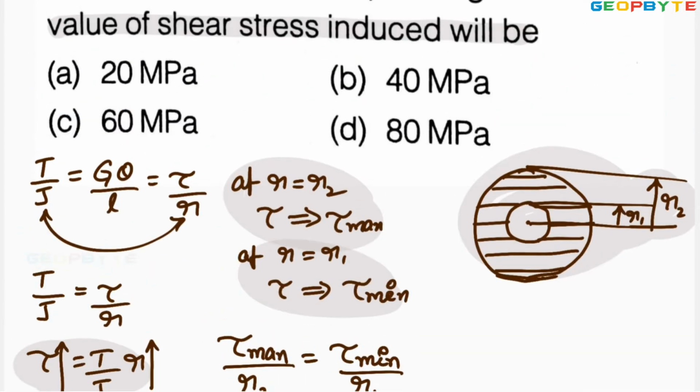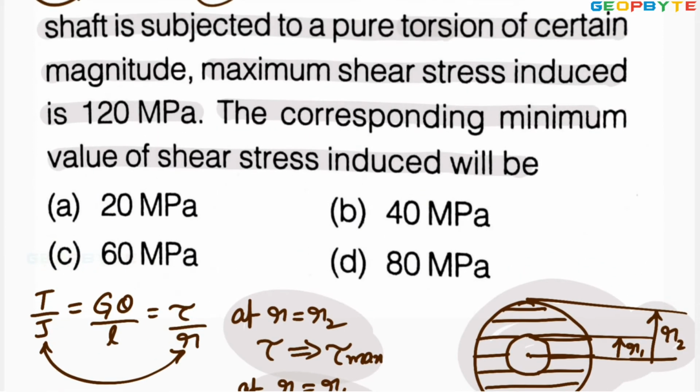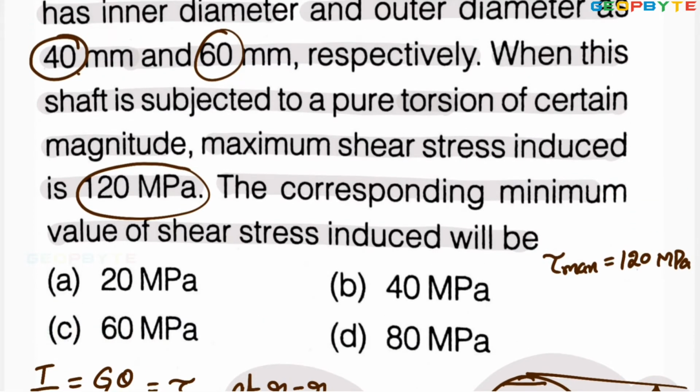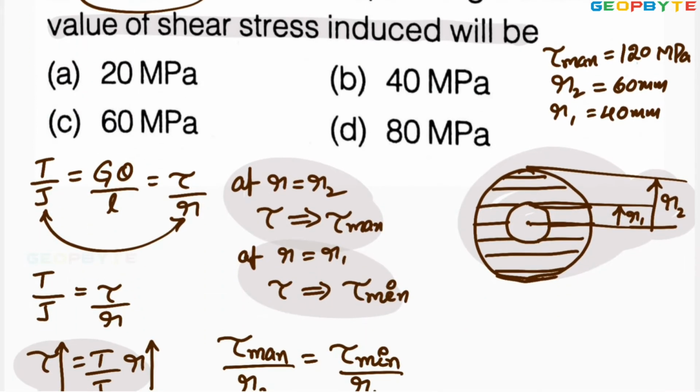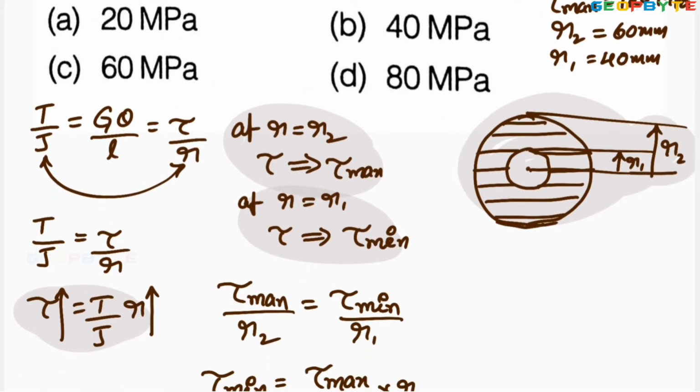Now look at the maximum shear stress. The maximum shear stress is given as 120 megapascal, the outer radius R2 equals 60 mm, and inner radius R1 equals 40 mm. Let us put those values.